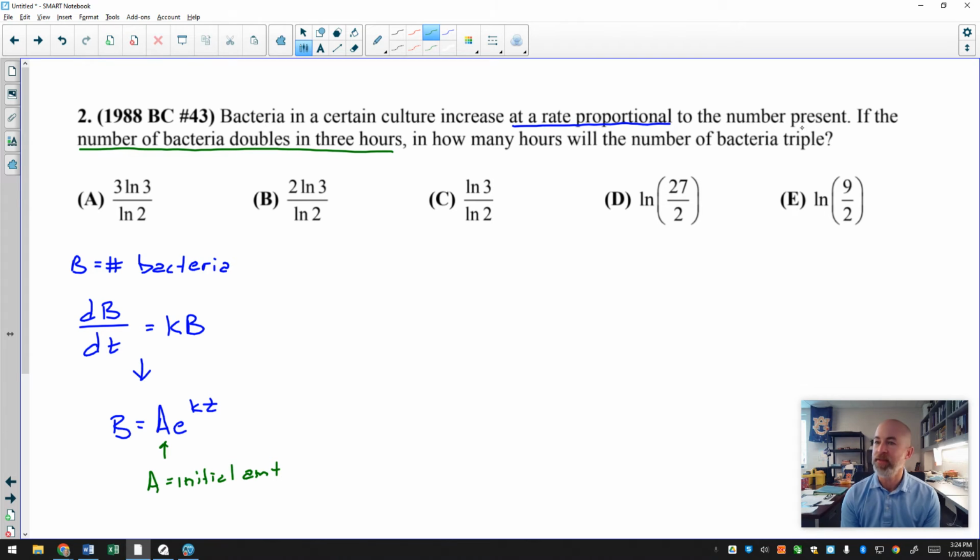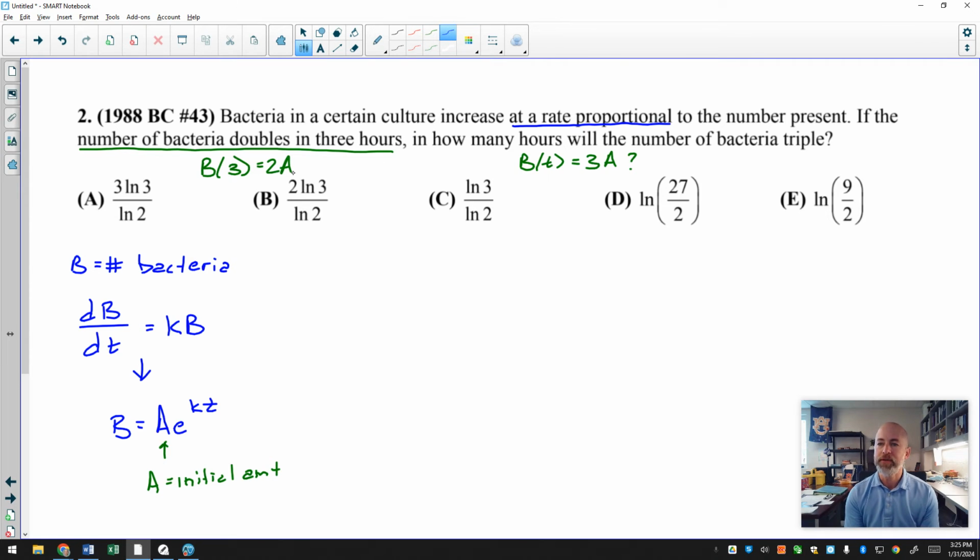And here they're telling me that 3 hours later, I will have twice that initial amount. So the population at time 3 is going to be twice what I started with, which will be 2a. And then the question is asking, in how many hours will the number of bacteria triple? So the question is, when does the solution, B of t, equal 3 times the initial amount?